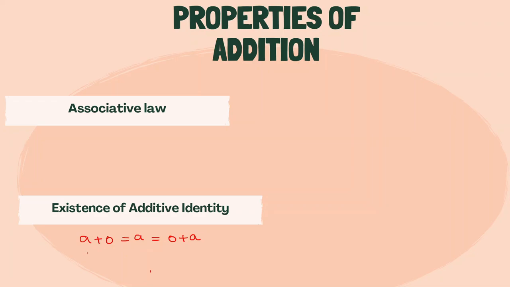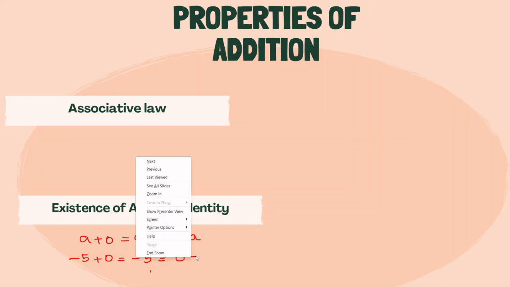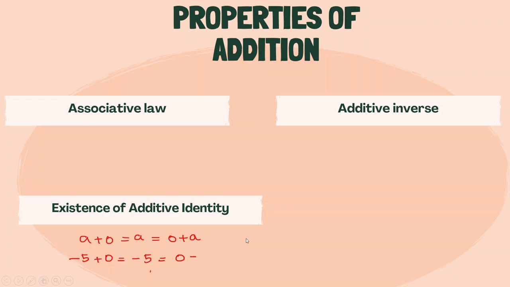Adding 0 to any integer gives you the value of the same integer, like minus 5 plus 0 equal to minus 5, and if you add minus 5 to 0, the answer will be 0 plus minus 5.